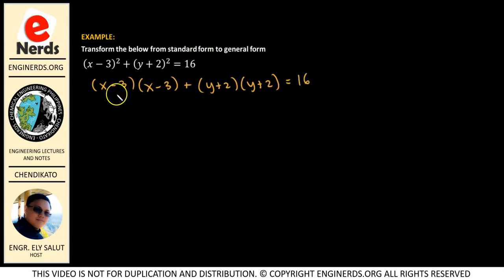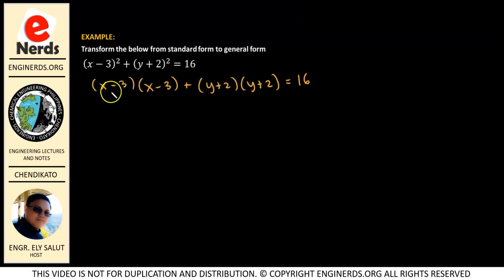So, we have x minus 3 squared, which will be x minus 3 times x minus 3, plus, we have y plus 2 squared, so this will be y plus 2 times y plus 2, and this is equal to 16. Okay? Now, we're going to use FOIL method, no?